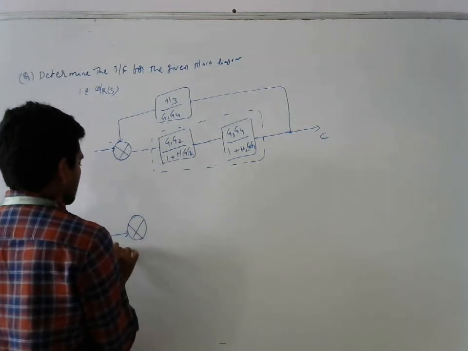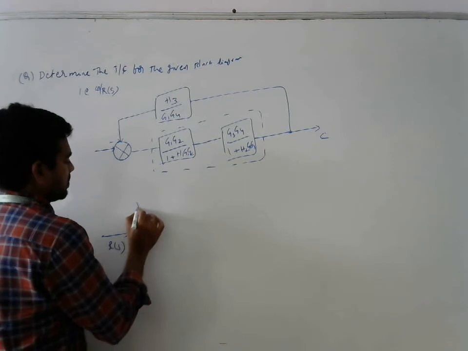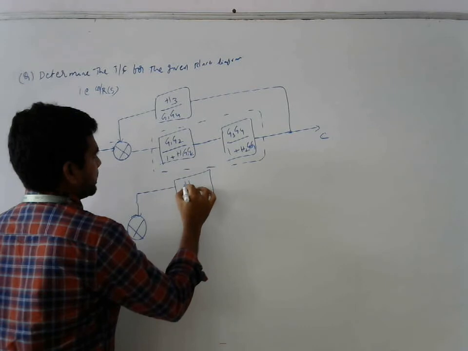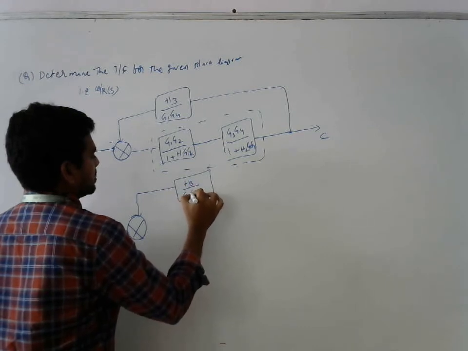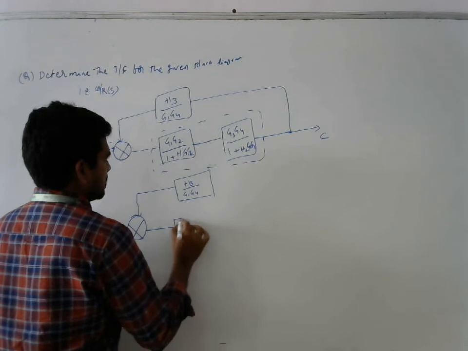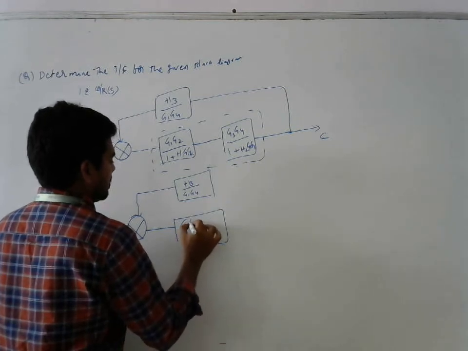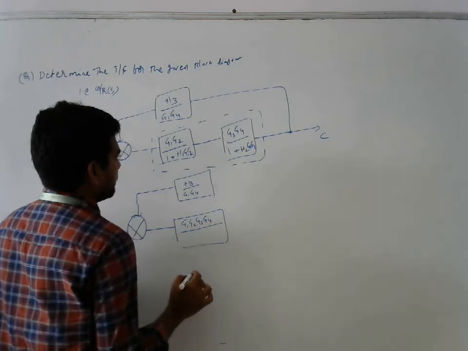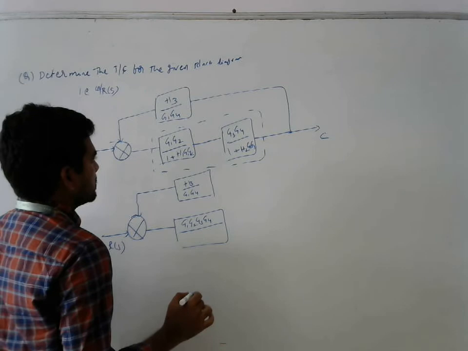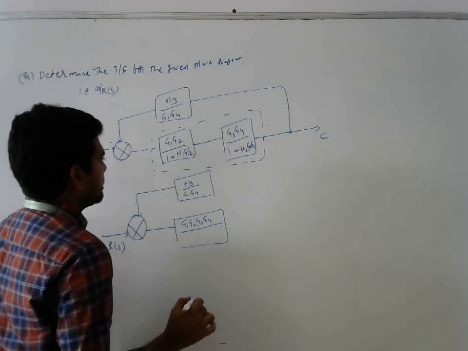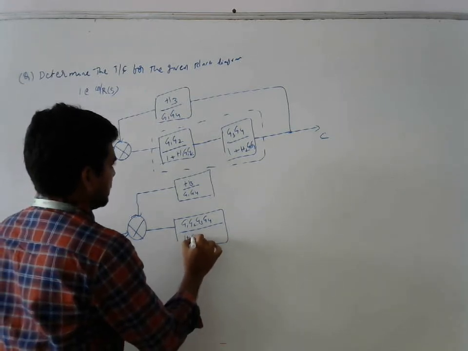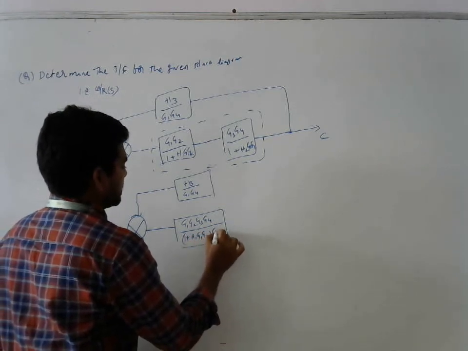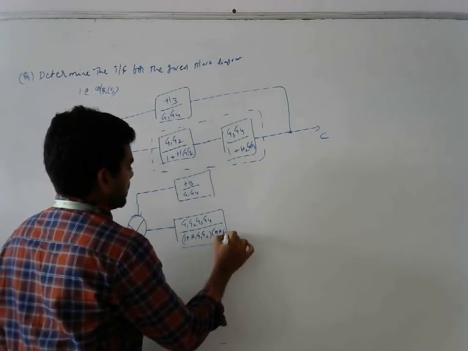This is your R of S. This is H3 divided by G1, G4. This will become G1, G2, G3, G4 divided by 1 plus H1, G1, G2 into 1 plus H2, G3, G4.